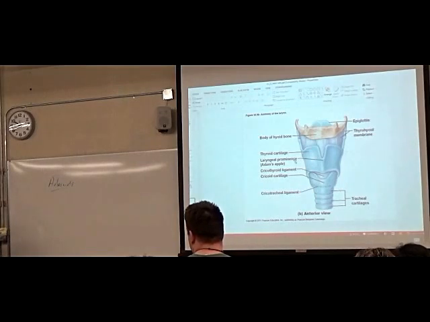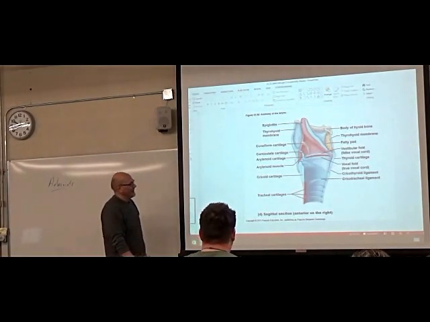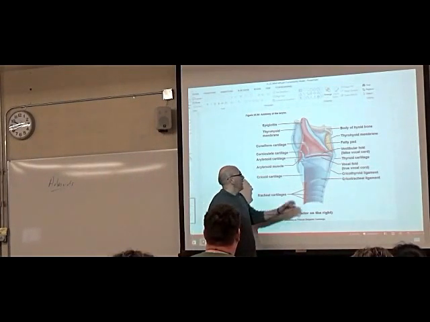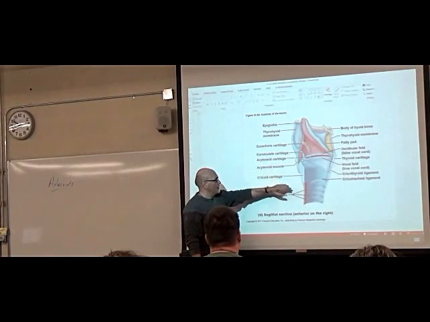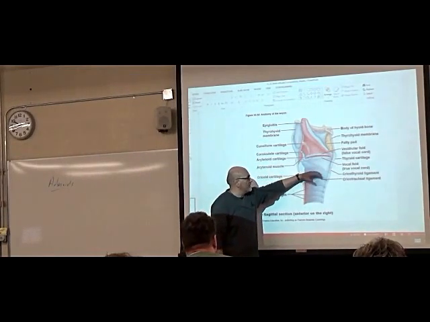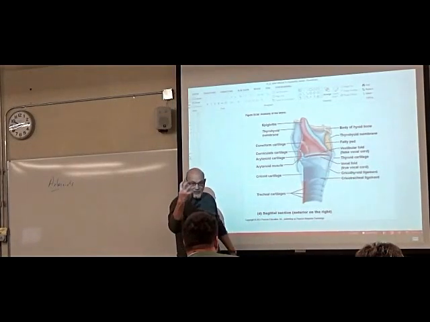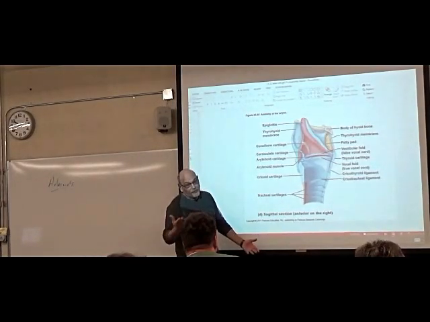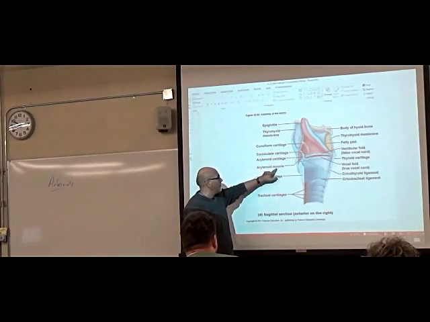So if we look at it from the side, we have one more cartilage to add in there called the arytenoid cartilage. We said we had the cricoid, which is like the base of foundation. We have the thyroid, which is the shield to protect, because thyroid means shield or door, right? Then we have the arytenoid cartilage. You notice we have arytenoid muscle.